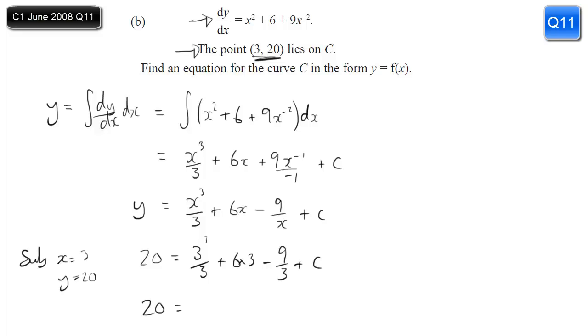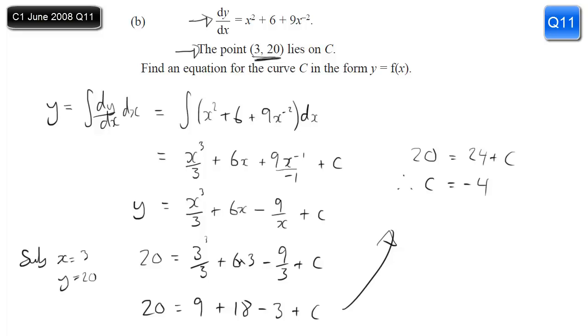So 3 cubed is 27, divided by 3 is 9, plus 18 minus 9 divided by 3, which is 3, plus c. So what that gives me, 9 plus 18 is 27, minus 3 is 24. So 20 equals 24 plus c. So c is minus 4.